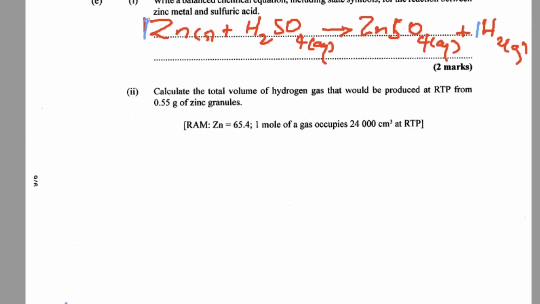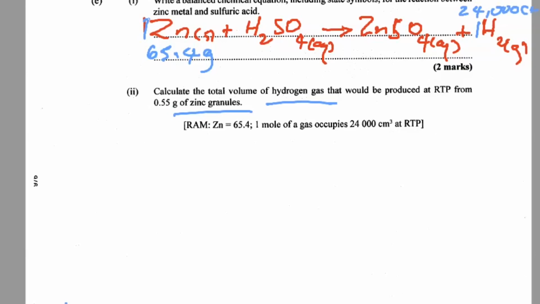We're just focusing on the hydrogen gas because the question is asking us about hydrogen gas and zinc. So let's move from moles now. The RAM of zinc is 65.4, so 1 mole of zinc has a mass of 65.4 grams. So we're saying 65.4 grams of zinc produce 24,000 cm cube of hydrogen gas at RTP.